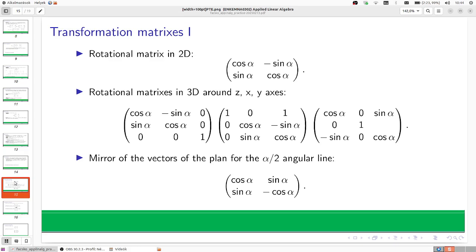Okay, in 2 dimensions, you just have this rotation.